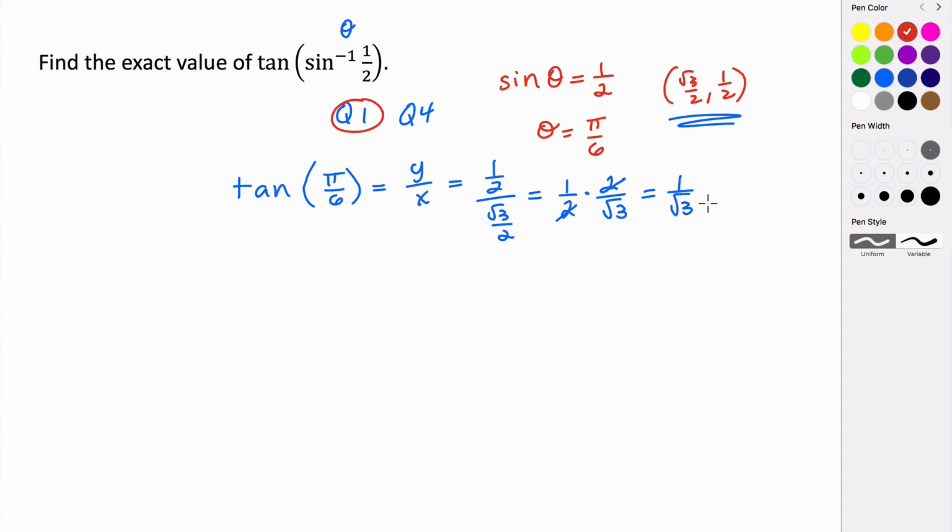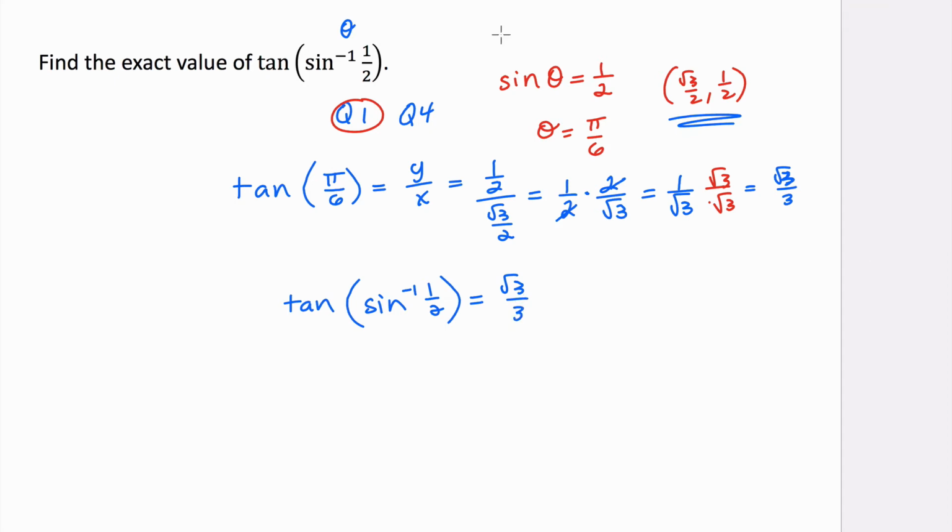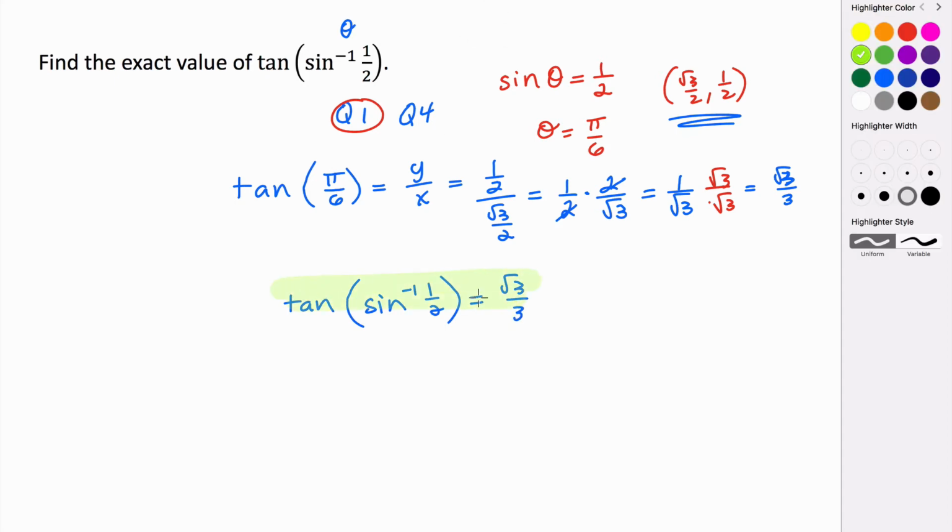Rationalize by multiplying top and bottom by the square root of 3, and we get root 3 over 3. So the tangent of the inverse sine of 1/2 is equal to the square root of 3 over 3.